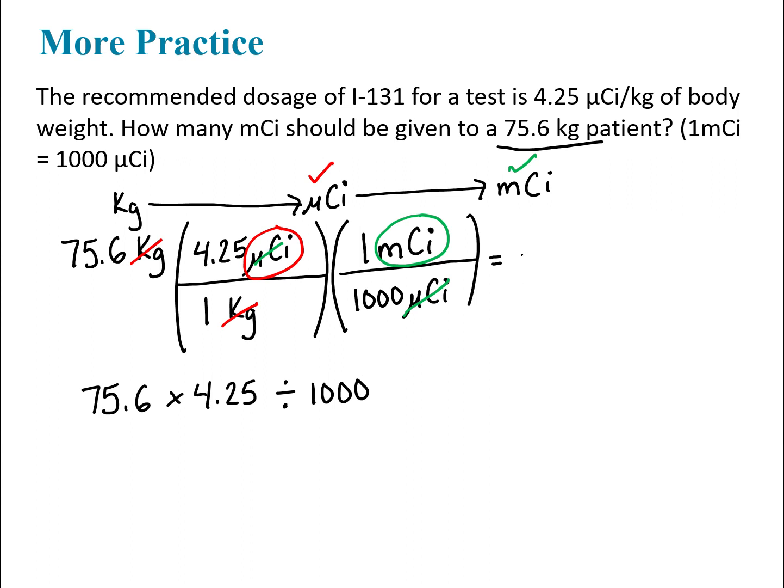When you do that, you'll get 0.321, and that's millicuries. This time we've got 3 sig figs for the dosage and 3 sig figs for the mass. So we're done.